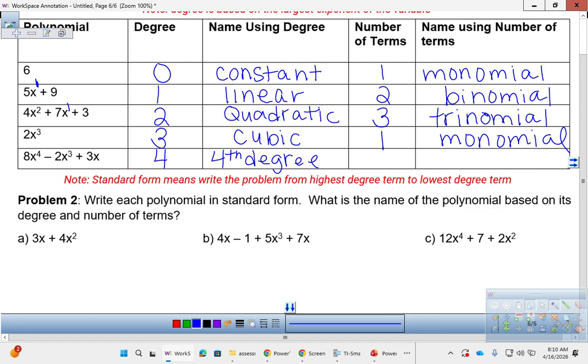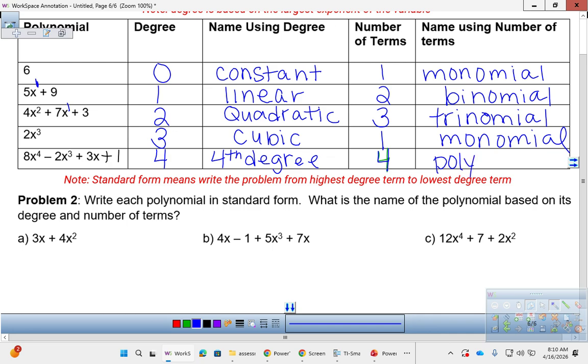And then 1, 2, 3. Let's add a plus 1 there into your notes. Let's make this have 4 terms. And just like anything after 3, we're going to call by the degree. Anything after 3 terms, we're just going to call poly.